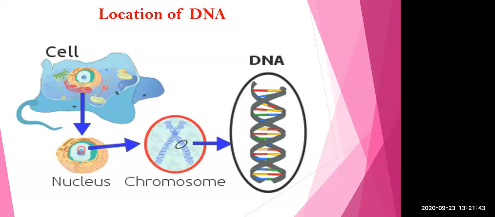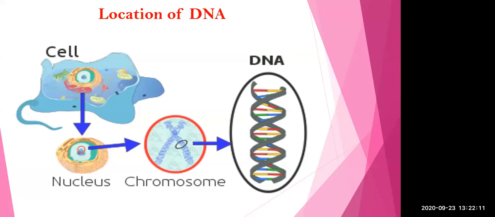In this chromosome the DNA is recoiled and very compactly filled. DNA is actually a very long structure. You can say 1 meter of DNA is coiled to form a chromosome, which is so small that we cannot see it with our naked eye, right?